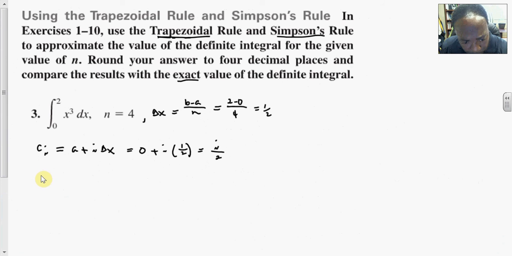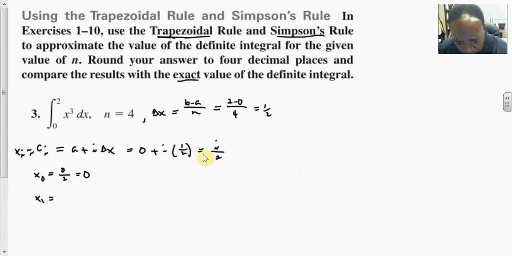Let's see. x of 0 is 0 over 2, that's equal to 0, which is what it's supposed to be. The first term is supposed to be 0, and the last term in the subintervals is supposed to be 2.